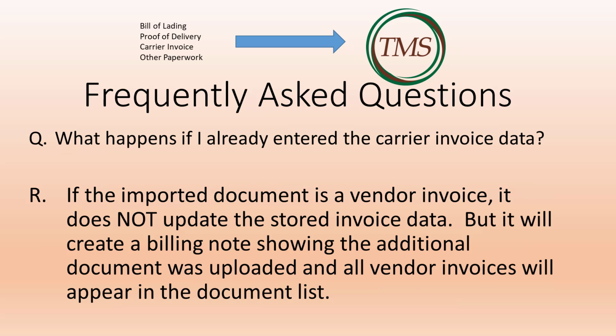If you've already entered the settlement invoice data and then somebody uploads an invoice, it will not override what you've already entered into the system, but it will create a billing note showing the additional document was uploaded, and all vendor invoices will still appear in the document list. It just will not overwrite what you've already entered into the system.